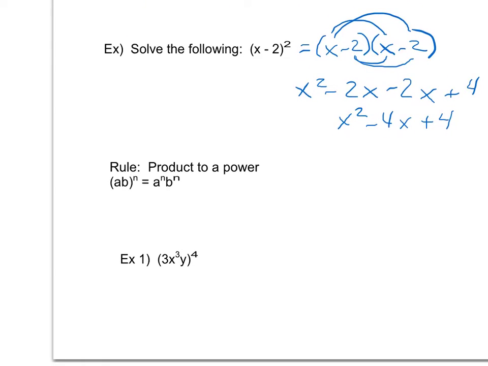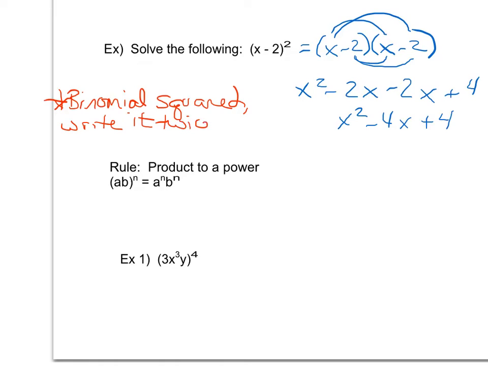However, we do have another rule that tells us if we have a monomial being raised to an exponent, we can distribute the exponent. So I'm going to write that out because it's very important that I know the difference. If I have a binomial squared, I am going to write it twice, and I'm going to say FOIL. If you don't use FOIL, please say distribute in your notes.